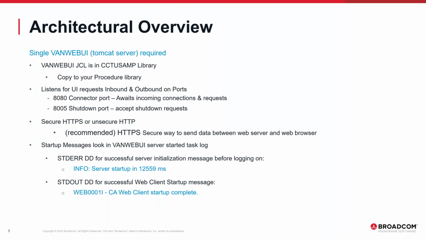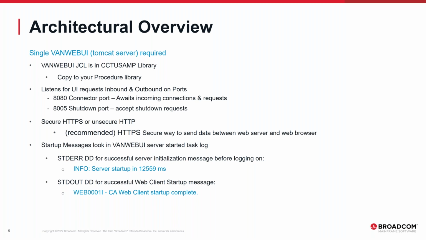And because it's a Tomcat server, you need two TCP/IP ports, one for inbound traffic and the other for outbound traffic. So by default, it's supplied with the ports 8080 as the connector and the 8005 as the shutdown.